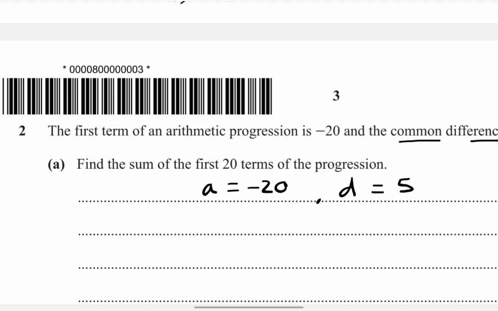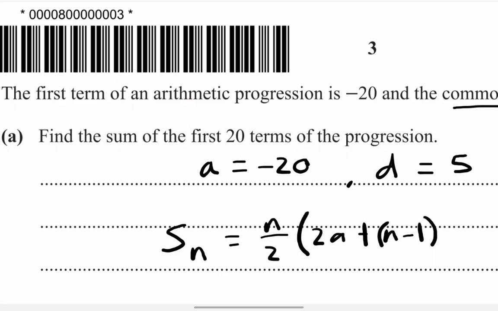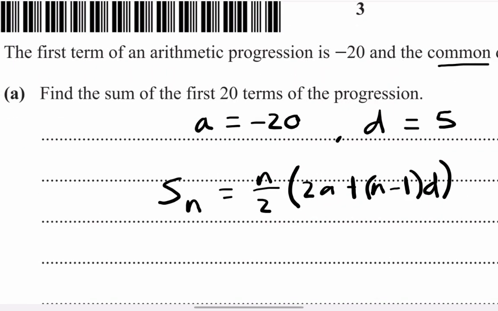of the progression. So sum of n terms is n over 2 bracket 2a plus n minus 1 d, like this.